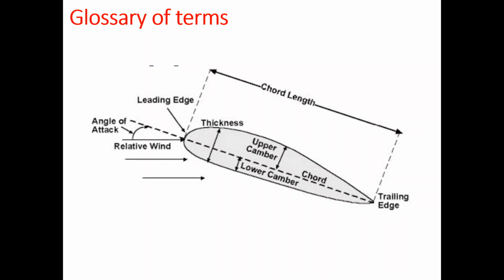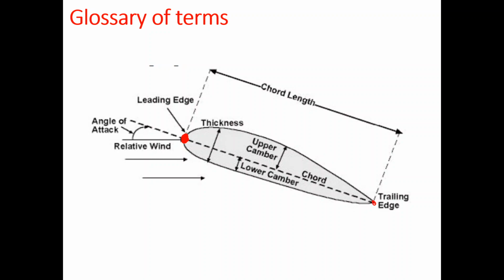I'm pretty sure that you are familiar with most of these terms, but I have to go over them anyway. Just a reminder, so bear with me with this part. For an airfoil, we have the leading edge, which is the first point of an aircraft that meets the upcoming air.